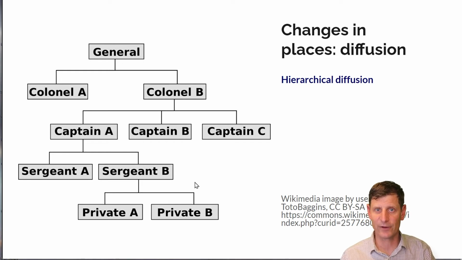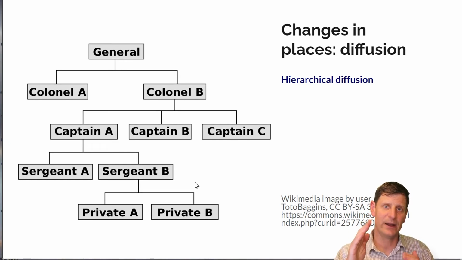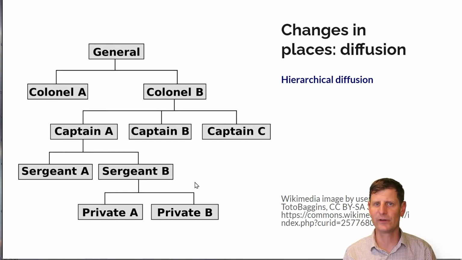And so a lot of firms have realized that hierarchical diffusion, if innovation can't trickle back up, then it's not going to result in innovation throughout the company. It won't result in innovation that results in sort of competition and profit.